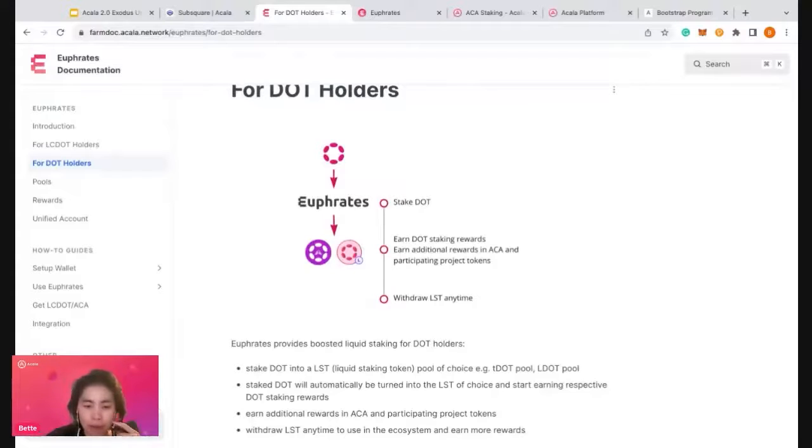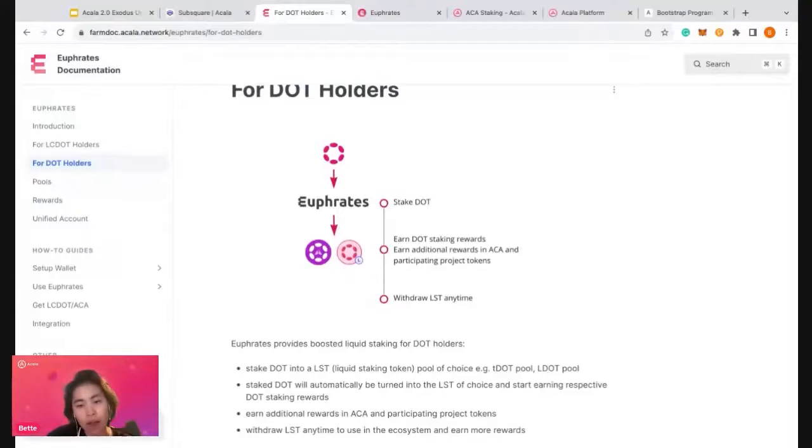It makes the DOT productive and useful for the ecosystem, but also for people who are making use of Polkadot, right? So it is important. And of course, at the same time, you also earn extra rewards.